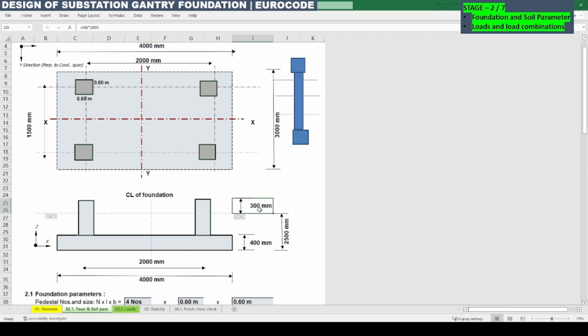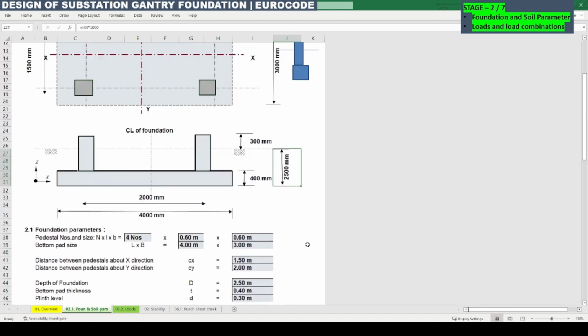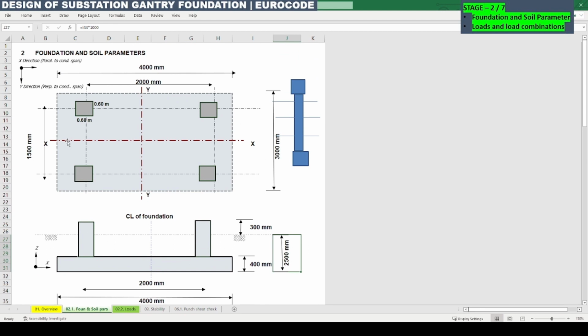And above ground level the pedestal should extend to 300 mm, and the thickness of the raft we can consider as 400 mm. The depth of foundation below ground level we can consider as 2.5 meter. So this is the sketch of the foundation which we are going to design in this stage 2, followed by other stages.